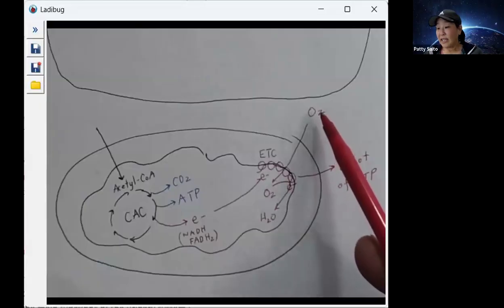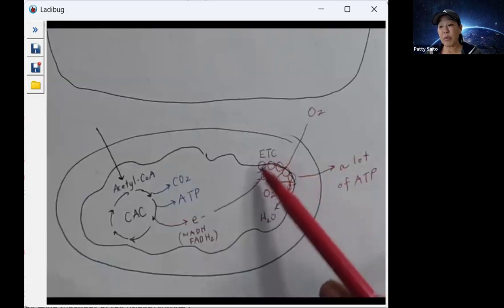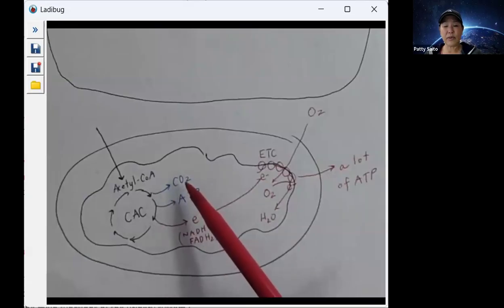Without oxygen, there's nothing to pick up the electrons. And all of this backs up and we don't make ATP. So that's why oxygen is important. Where does carbon dioxide fit in? Oh, it's a waste product from the process of cellular respiration.